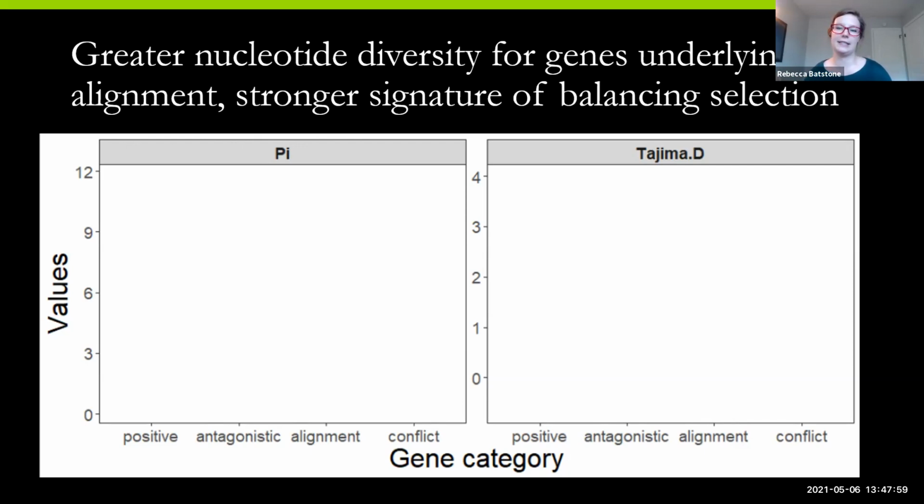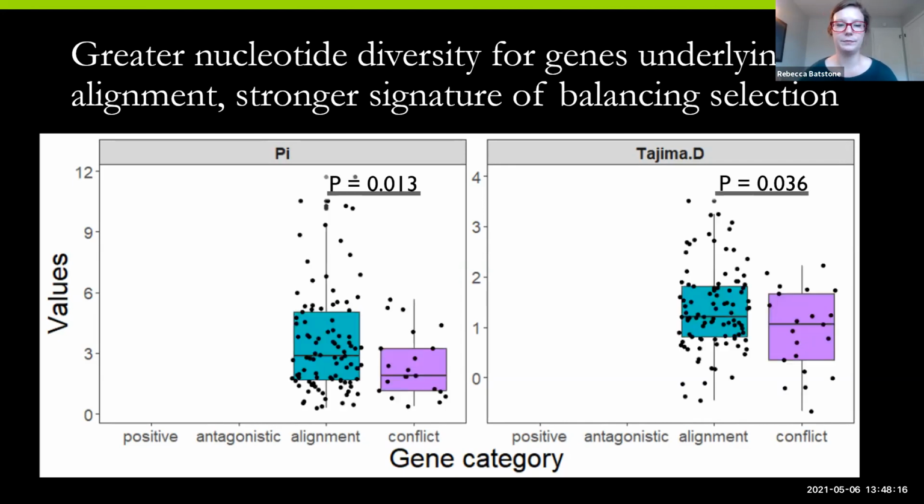We calculated these statistics for 4 categories of genes. So those underlying rhizobium fitness pleiotropy, namely positive and antagonistic pleiotropic genes, as well as genes underlying symbiotic pleiotropy, namely alignment and conflict.